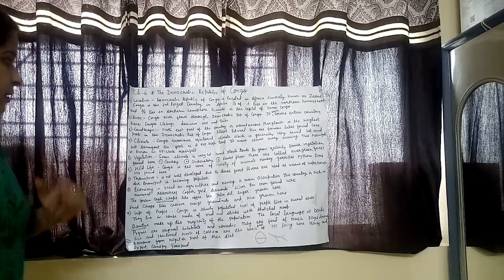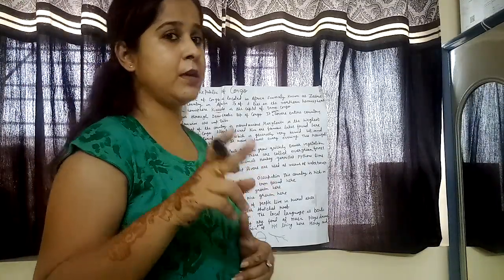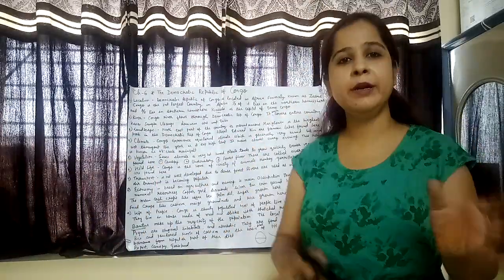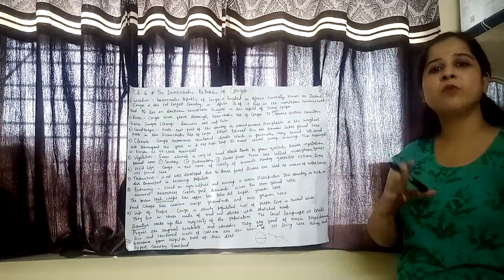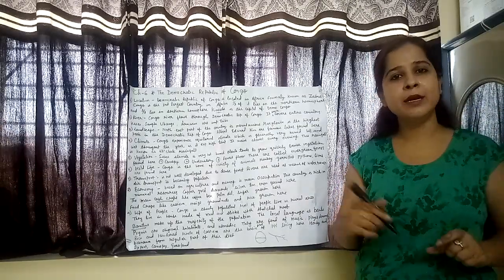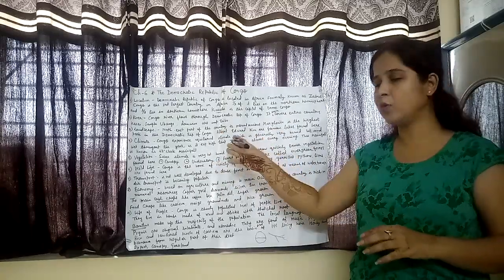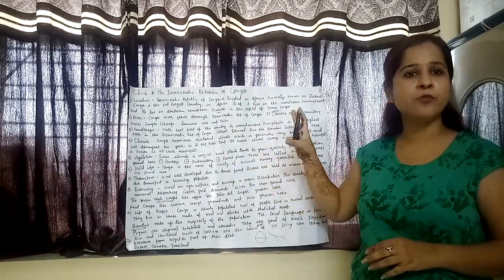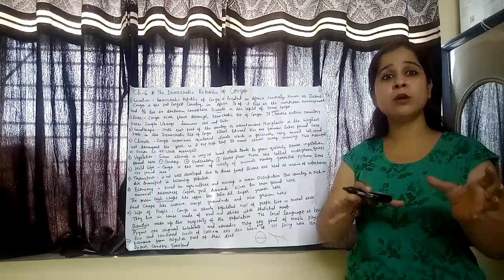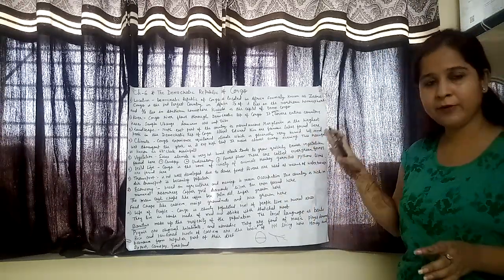Next is climate. See beta, in my previous chapter, weather and climate, I have already discussed what is climate and what is weather. Let's have a recap of the short concept of weather and climate. Before starting this topic, we cannot go through the climate of Congo without connecting what the climate exactly is and what the weather exactly is.